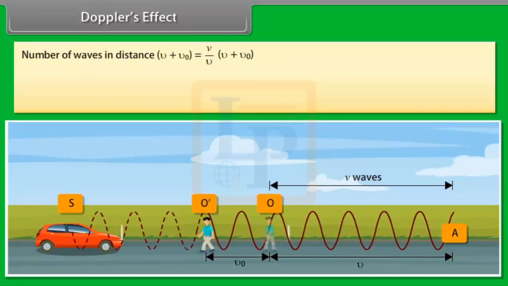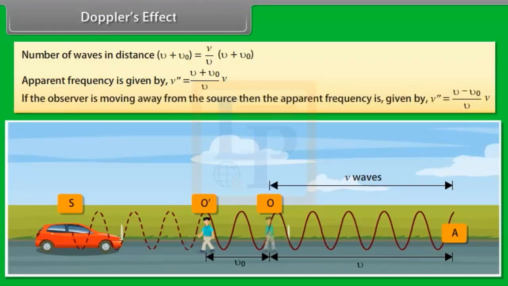Number of waves in distance v plus v0 is equal to nu multiplied by v plus v0 upon v. Apparent frequency nu double dash is equal to v plus v0 upon v multiplied by nu. If the observer is moving away from the source, then the apparent frequency is given by nu double dash is equal to v minus v0 upon v multiplied by nu.